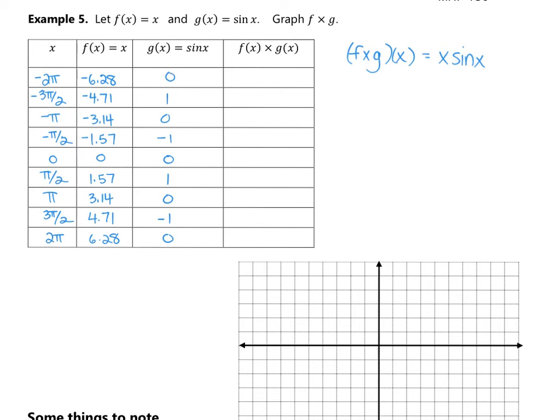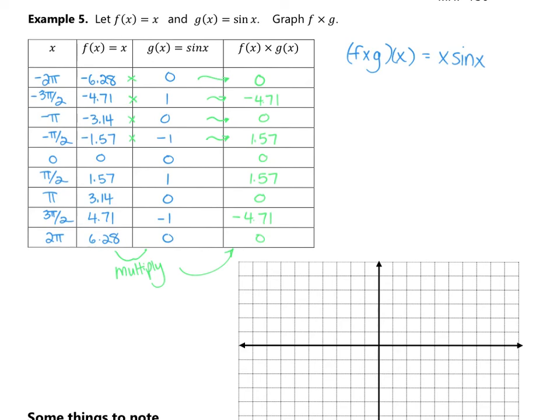Okay, and hopefully you can see that to get the f times g column, you are simply going to multiply those two y values together, right? Okay, so this is the same as doing it on the graph, although this is a little less confusing, especially when it's tricky here. So we're going to multiply to get f times g. So I'll give you a minute, pause the video, and please do that.